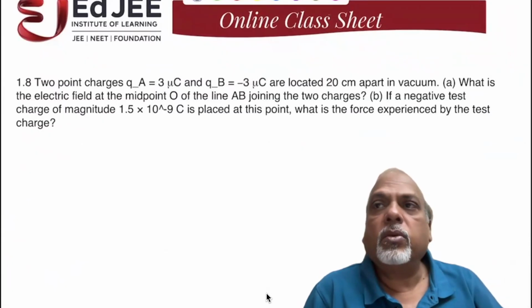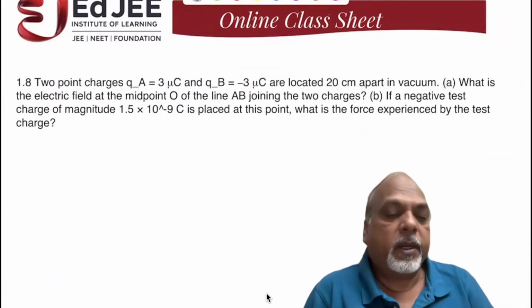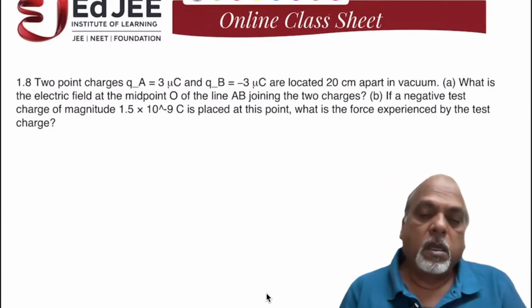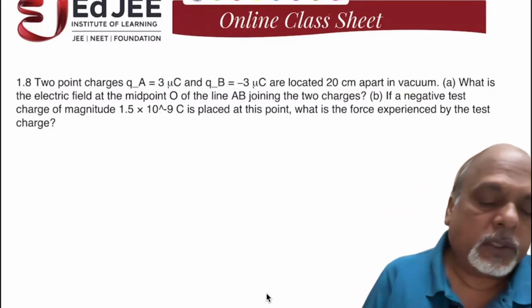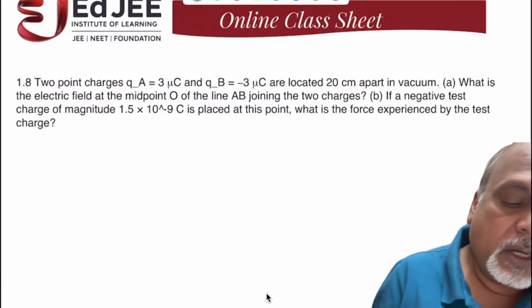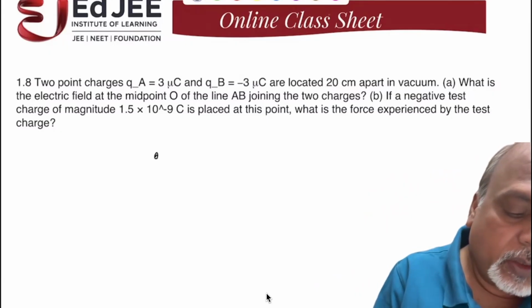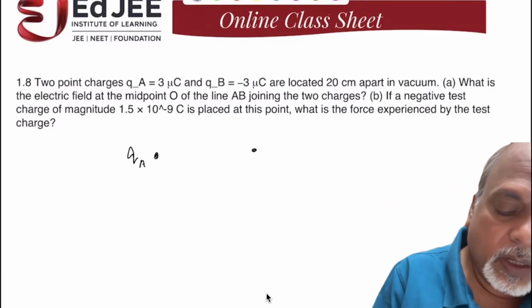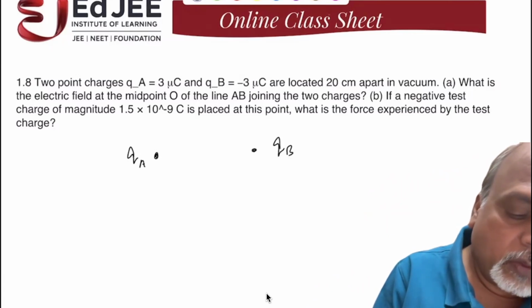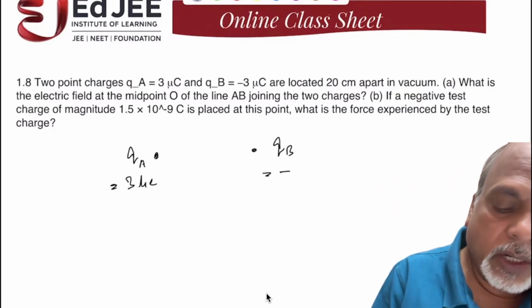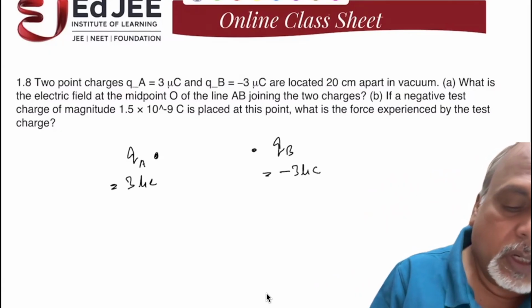Now let us see this question, question number 8. Two point charges QA and QB are located 20 centimeter apart. QA has a value of 3 microcoulomb and QB has a value of minus 3 microcoulomb.